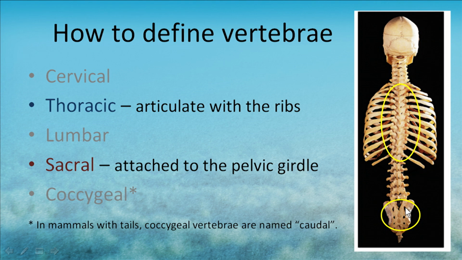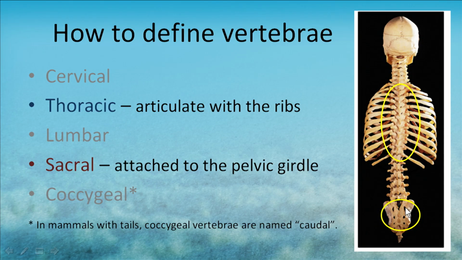So essentially, you define thoracic and sacral, and then cervical, lumbar, and coccygeal fit in between them. Now, interestingly, the word coccygeal usually gets replaced with caudal when you are looking at mammals with tails. So many, many mammals have tails, and their coccygeal vertebrae get a new name. It's caudal vertebrae. So think of them as one and the same.